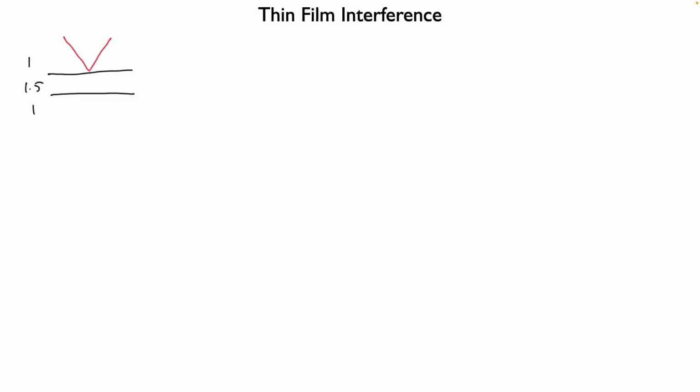I draw it bouncing off. And then I just kind of continue that and draw another one bouncing off the bottom. I don't try to do like refraction angles or anything in here, okay? Keep it simple. This is a visual hook to help you derive the conditions that we're going to have, okay? So you draw both of the bounces off the top interface and the bounce off the bottom interface.